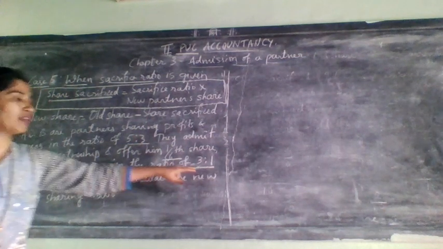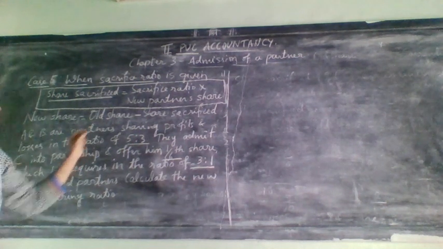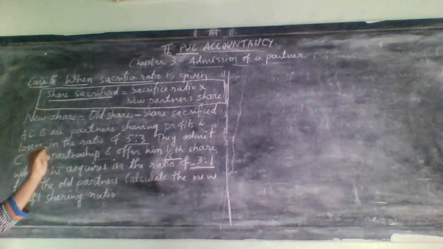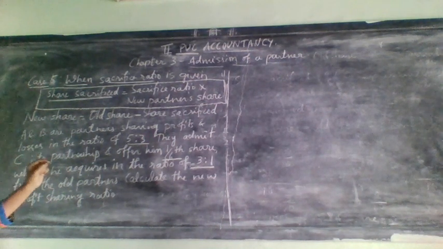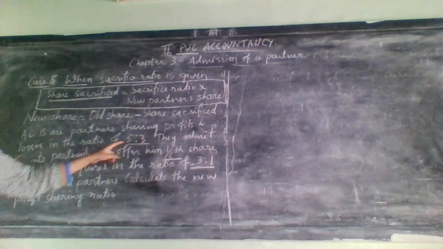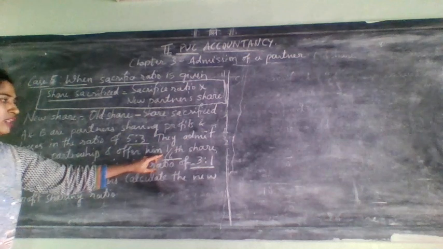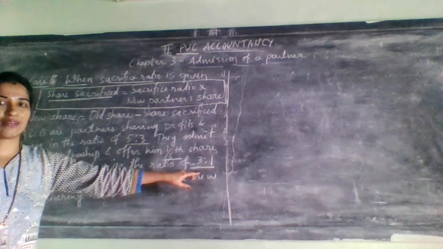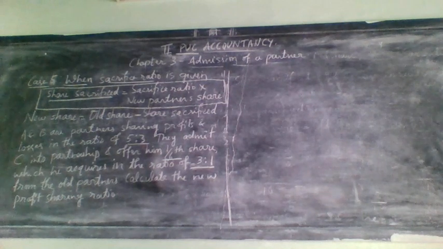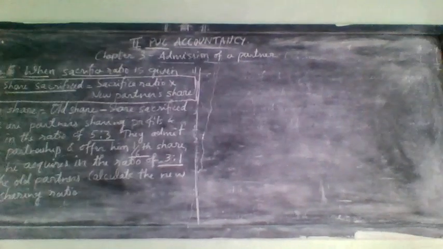But here they have given the ratio. Okay, so let us start the problem. We have the old ratio, new partner's share and sacrifice ratio. First, we need to convert the sacrifice ratio into share sacrificed.